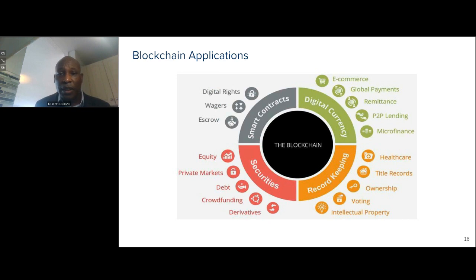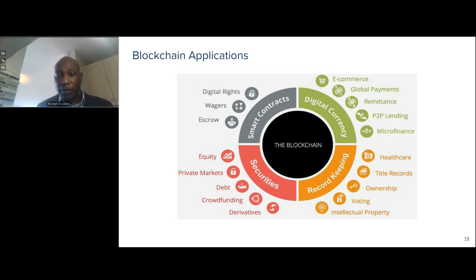Most recently, you had the shipping company Maersk with Microsoft, and they decided to turn that particular blockchain application off because it was not as successful as they thought it was. But there are some applications out there where this could work. Global payments and remittance are fundamental. Peer-to-peer lending is another area to look at. Record keeping, which is the strength for blockchain technology itself.